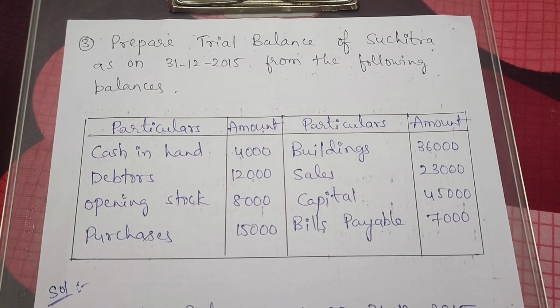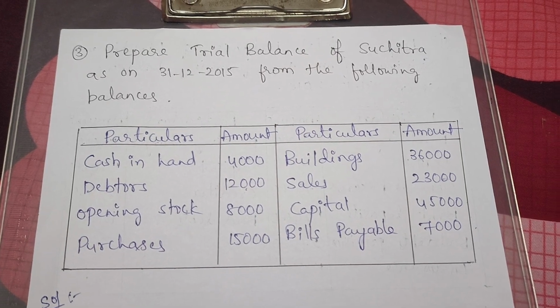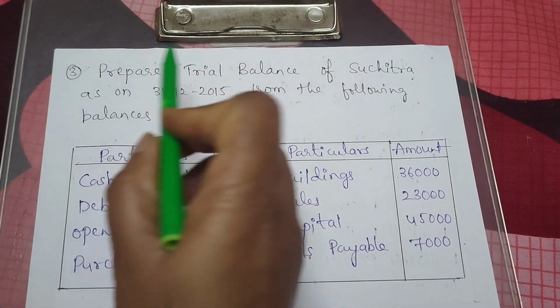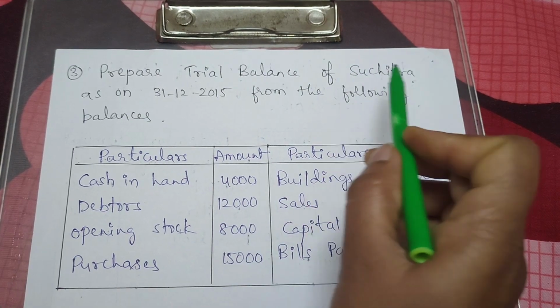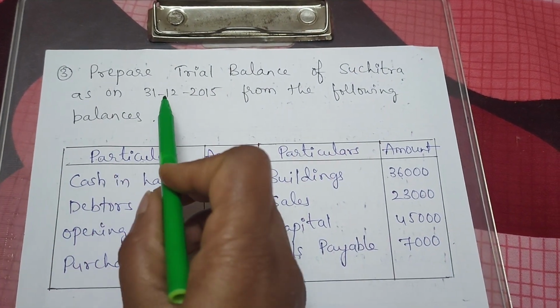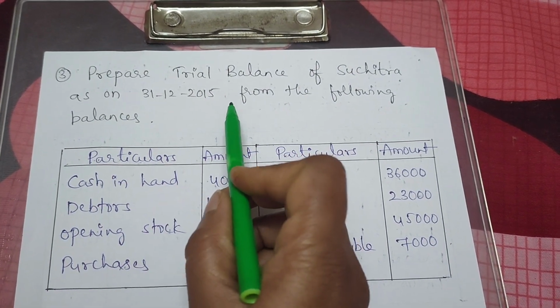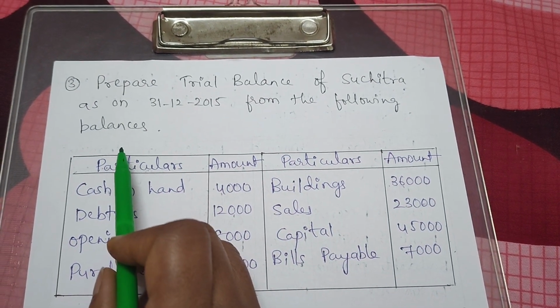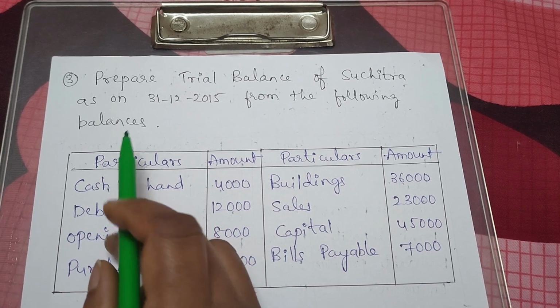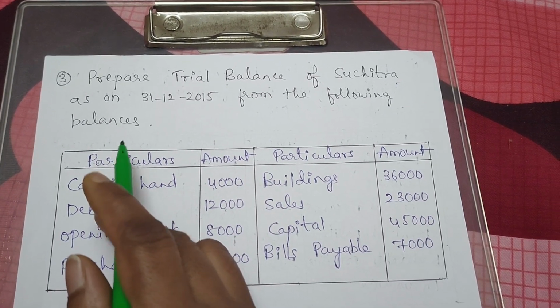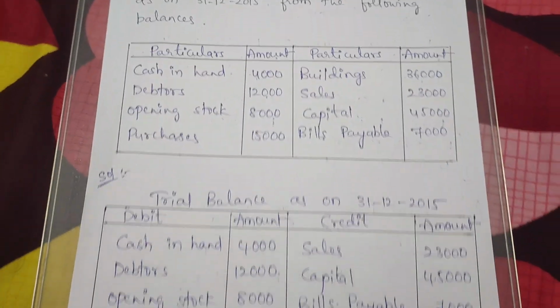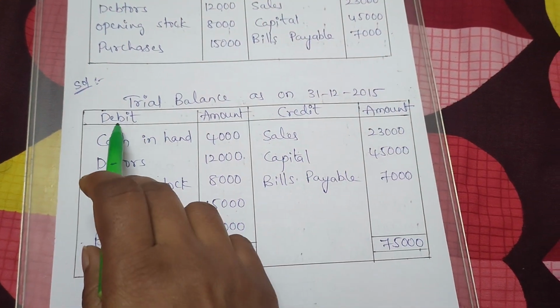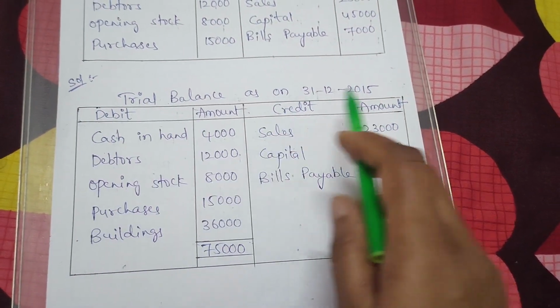Next question, the third one. Prepare the trial balance of Suchitra as on 31st December 2015 from the following balances. So they asked us to prepare a trial balance. We should draw the columns first. Format is very important. So this is the format: debit amount, credit amount.